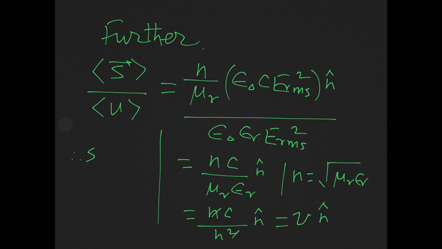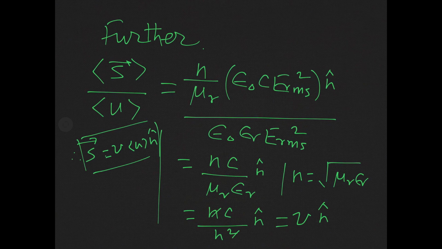And therefore you can write from here that this vector S is equal to v into average value of u into n hat. So you can see from here the Poynting vector is expressed as v into average value of u into n hat. So what does this result actually show? This shows that the electromagnetic energy is transmitted with the same velocity with which the fields do.